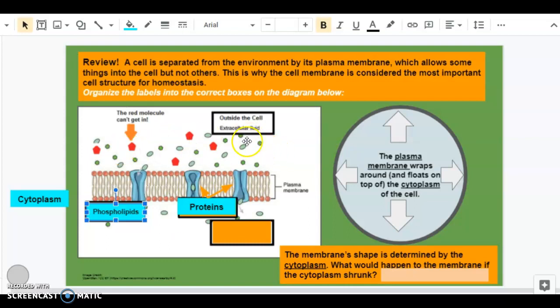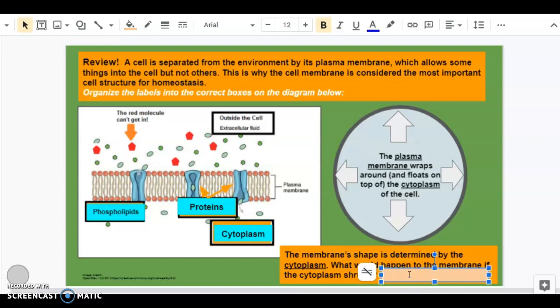The outside is the extracellular fluid, whereas the inside has a fluid that we call cytoplasm. Now this just shows a section of the plasma membrane. Remember that it would actually wrap all the way around the cell, floating on top of the cytoplasm. So what would happen to the membrane if the cytoplasm shrunk?